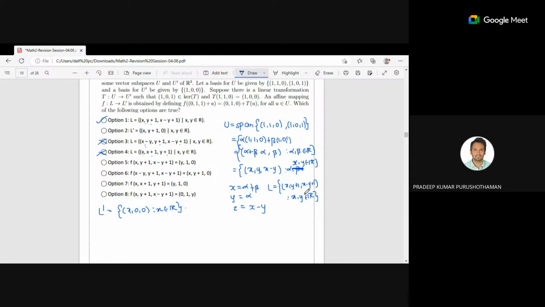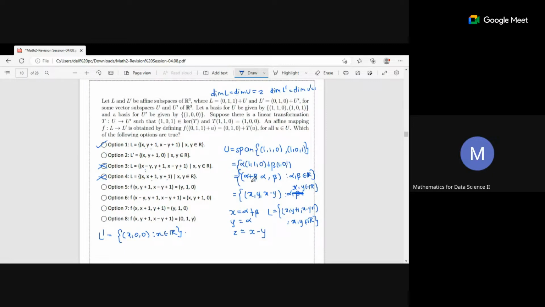No, x minus y should then be x minus y minus 1, isn't it? No, see, that is how we have written x, y, x minus y, and then you have added 1 to the second and third component. L is (0, 1, 1) plus U. You add this vector to this. Okay, without the affine. Okay, got it.